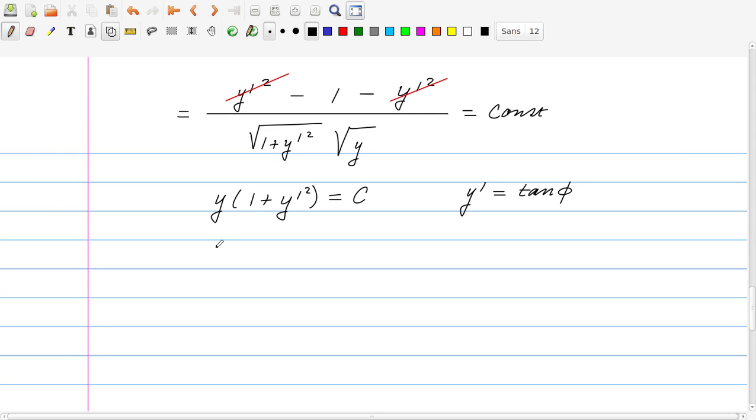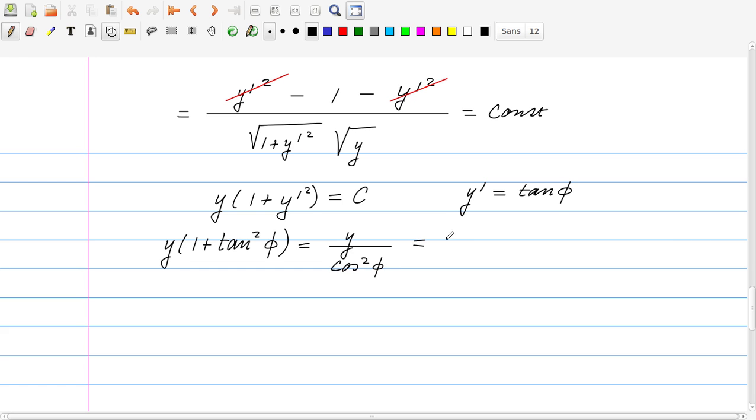and in that case we obtain y times 1 plus the tangent of phi squared. And so why is it useful to take the tangent of phi here? That's because 1 plus the tangent squared can also be written as 1 over the cosine squared of phi.